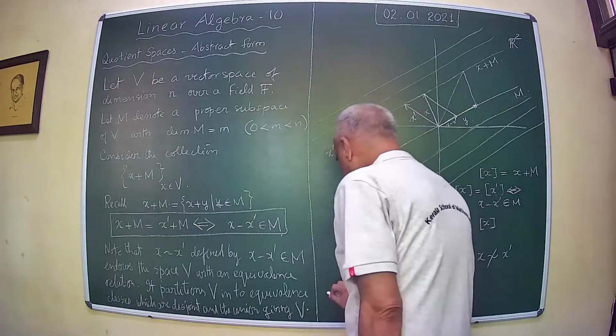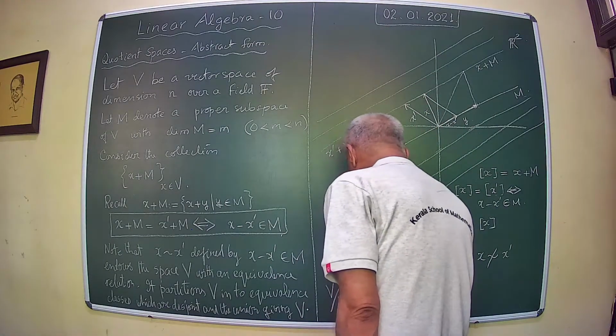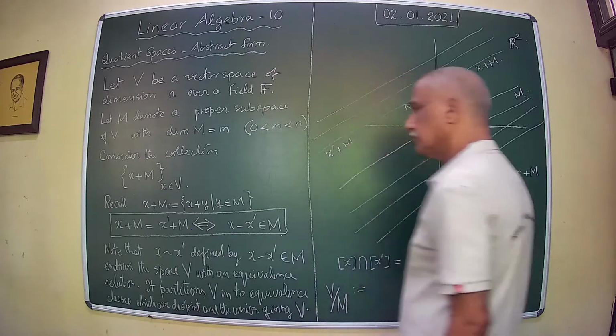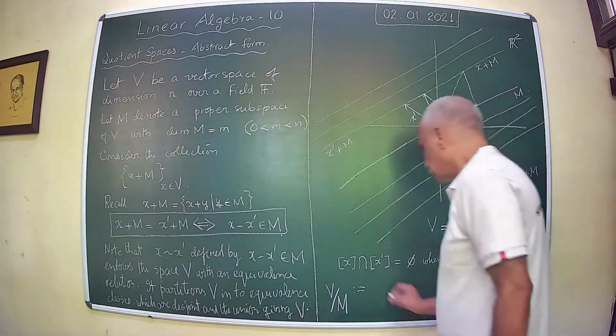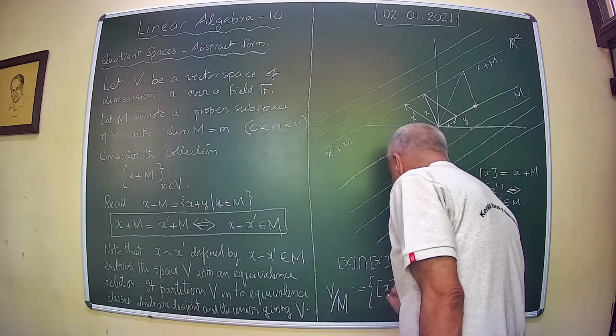So we denote by V by M the quotient space of V with respect to M as the collection of all x.